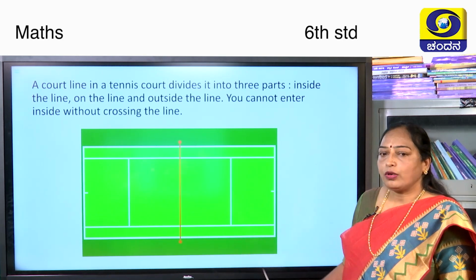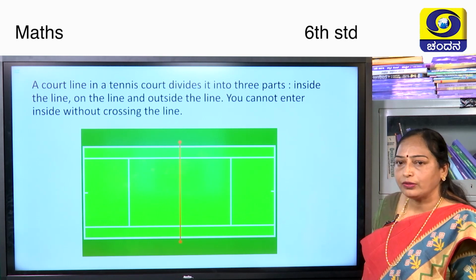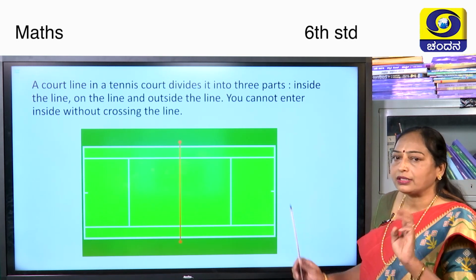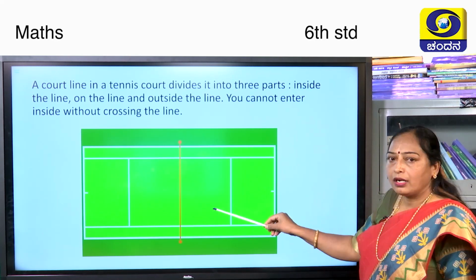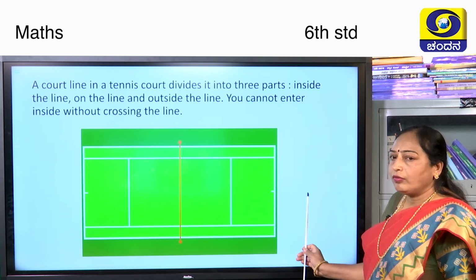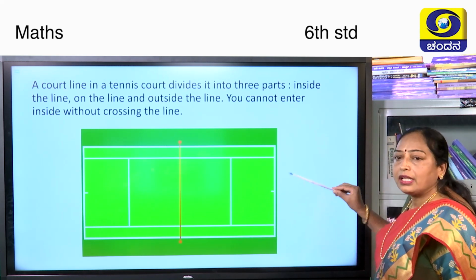Look at this tennis court. A court line in a tennis court divides it into three parts. Inside the line, on the line and out of the line. We cannot enter inside without crossing the line.